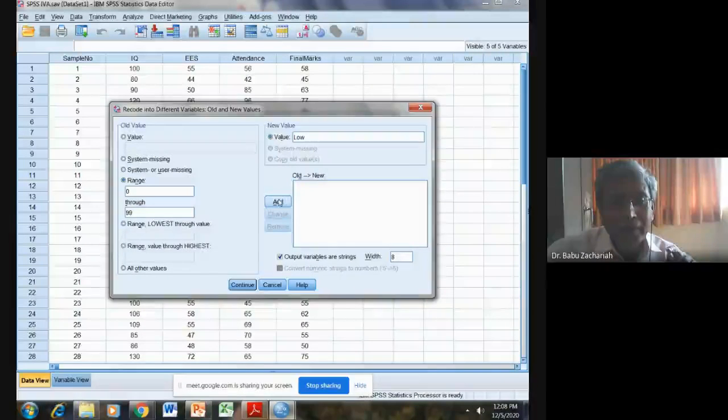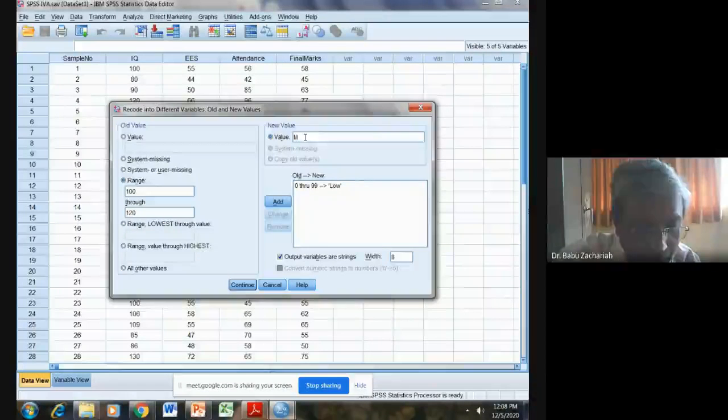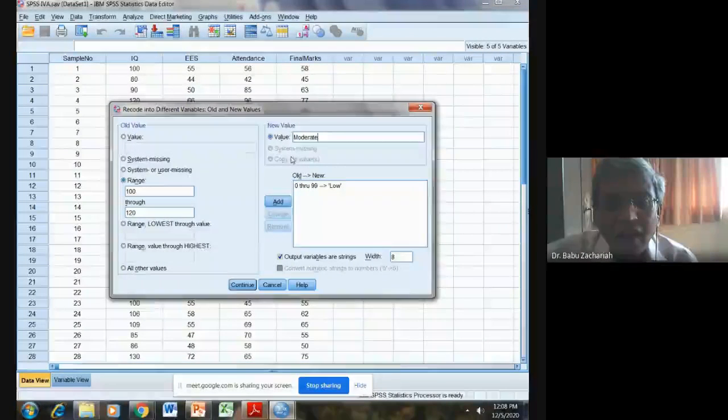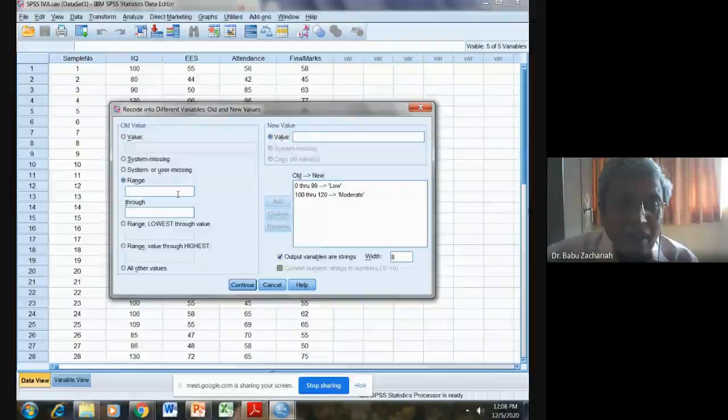Then you click add. Now 100 to 120, moderate. And then above 120, so 121 onwards.